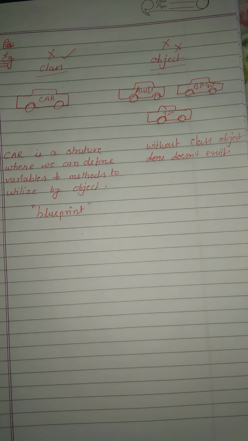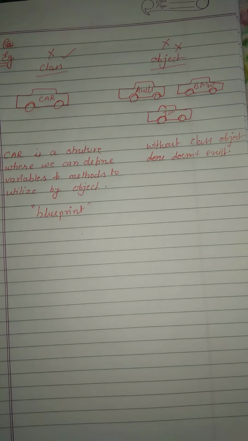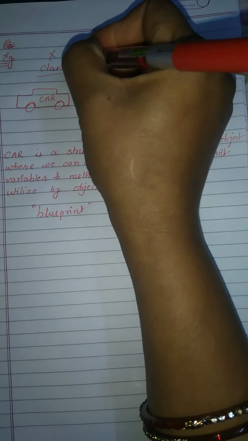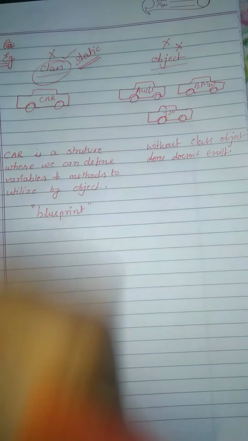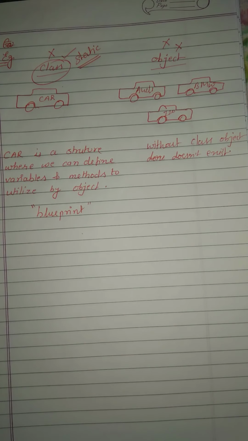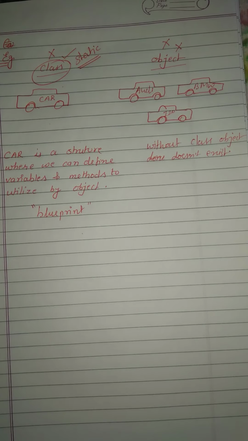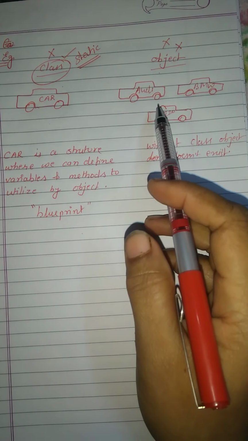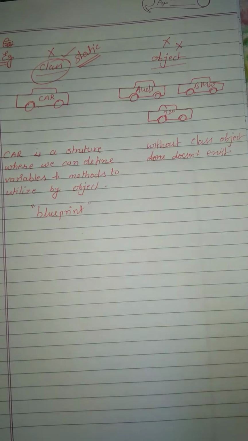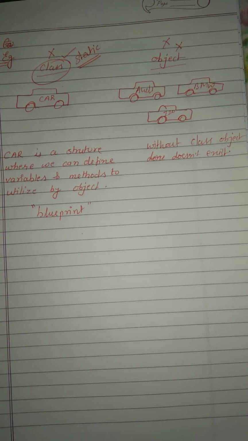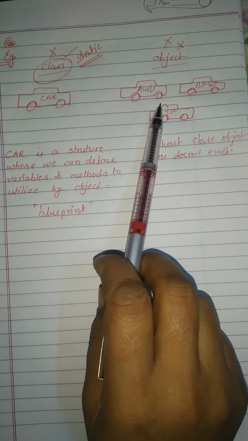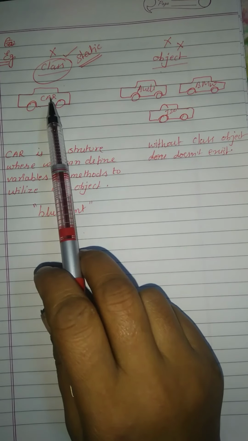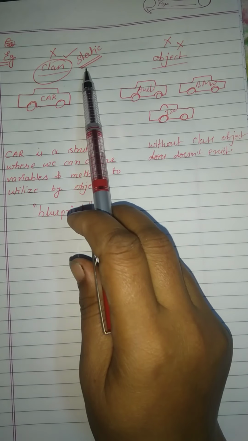But if the object is not there, the class may still be there, and we can use only the static functions of the class.